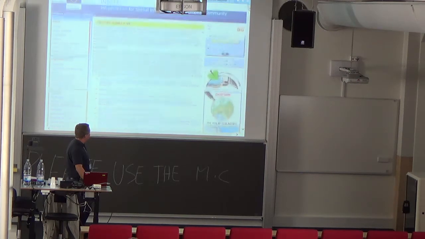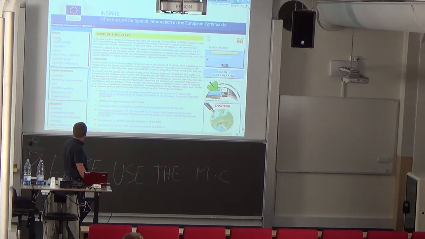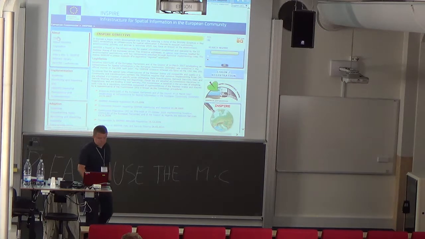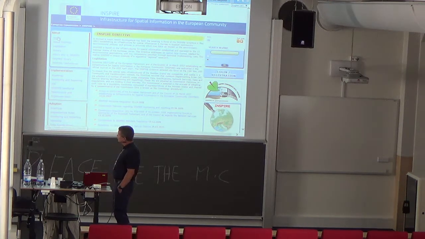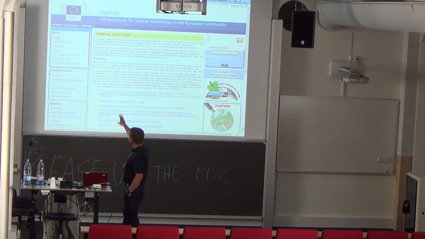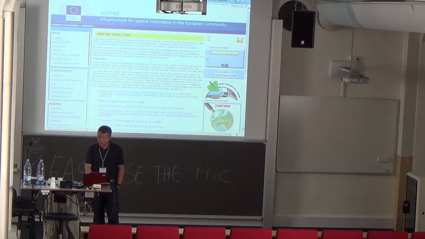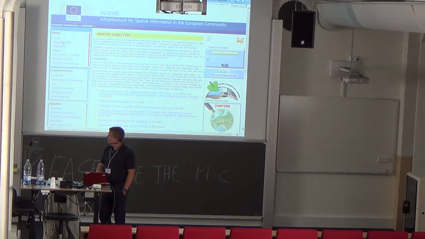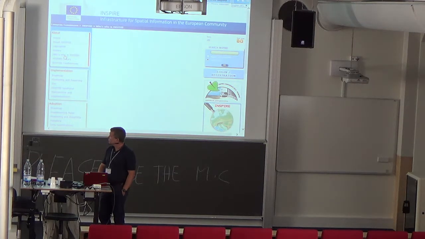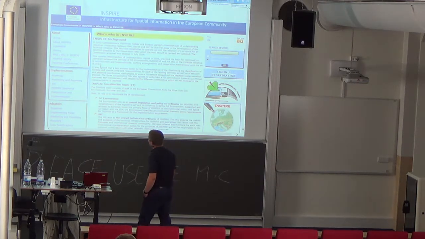But what is important maybe for you as users or people who are actually implementing Inspire is to take a look on the left side, because you have several sections, starting with a more general section where you can find some information about Inspire in general. Again, legislation, history. It is nice to see who is who in Inspire with a clear explanation of the roles of the different bodies in Inspire.